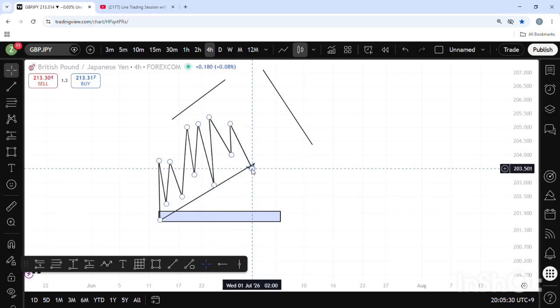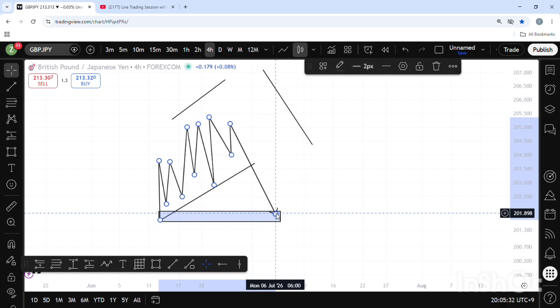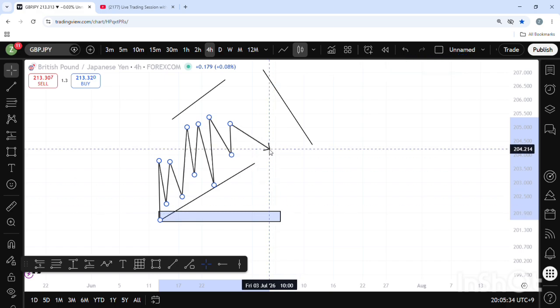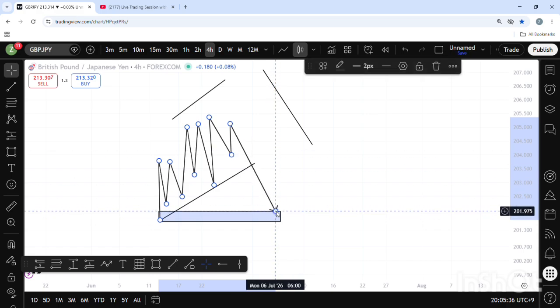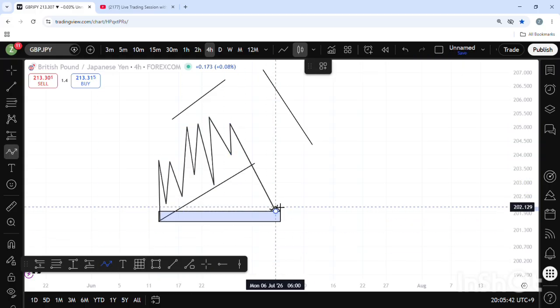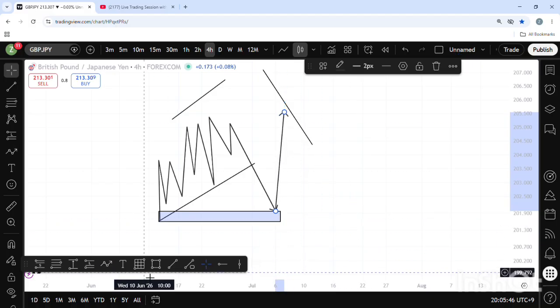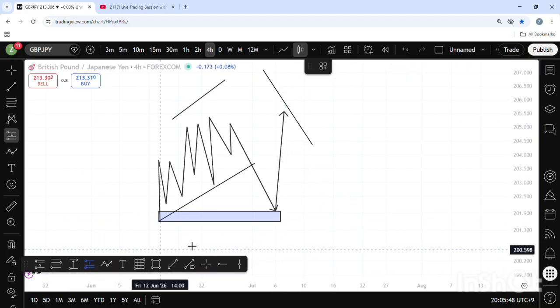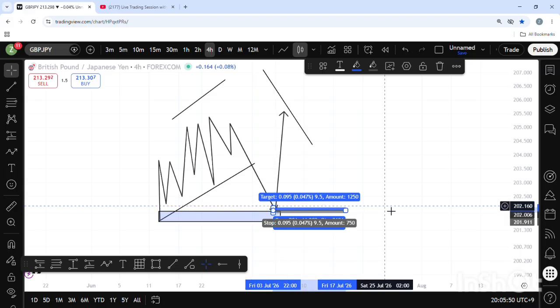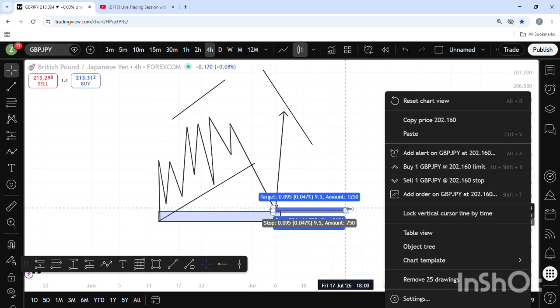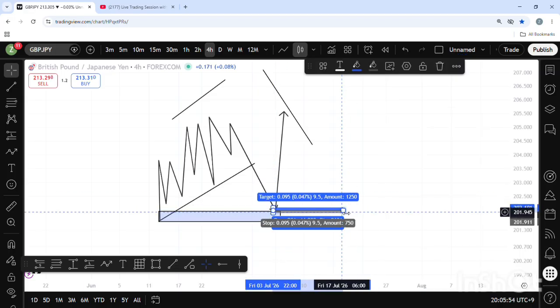For someone who takes their trade on a trend line, once the market taps your trend line, of course you take that trade. Everyone has their own way of analyzing the market and taking trades. The end goal is making some profit.